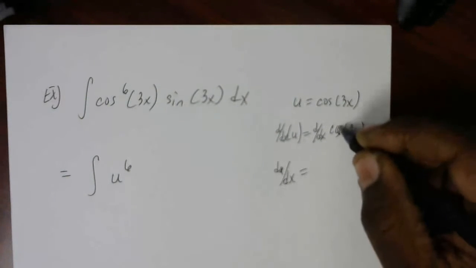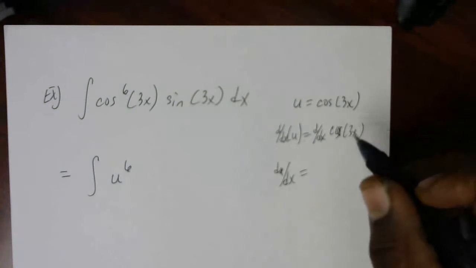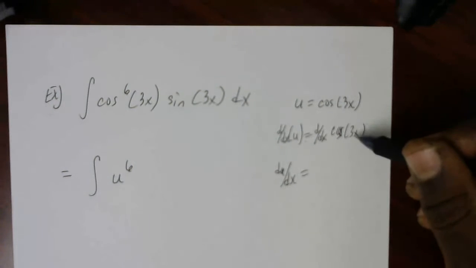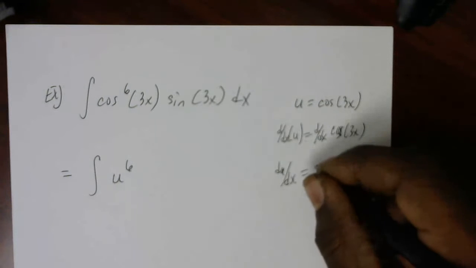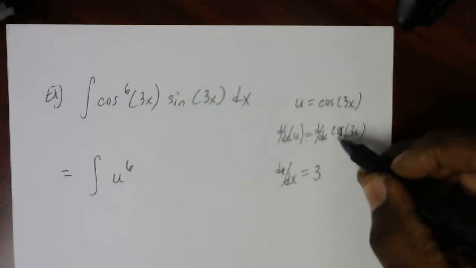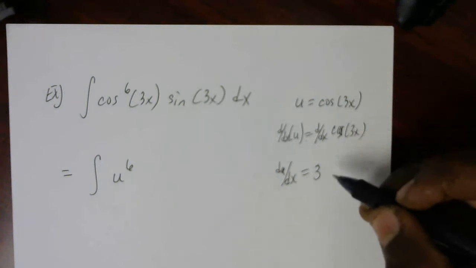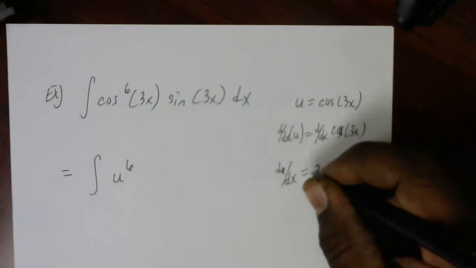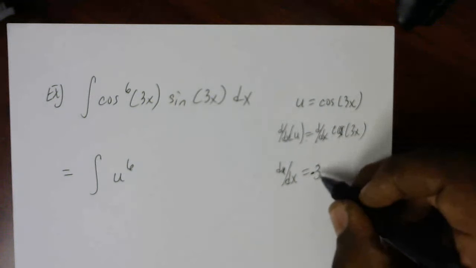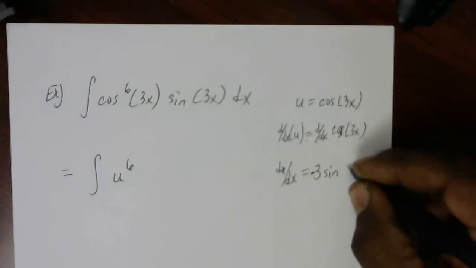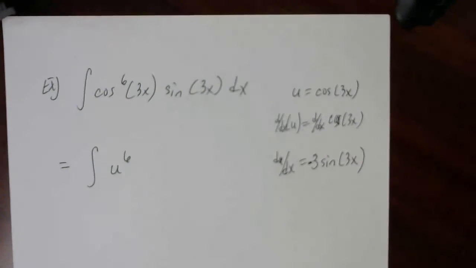On my right-hand side, I must use the chain rule, the outside-inside derivative. The derivative of the inside, 3x, is just 3. The derivative of my outermost function, cosine, is negative sine. So I have negative 3 times the sine of 3x.